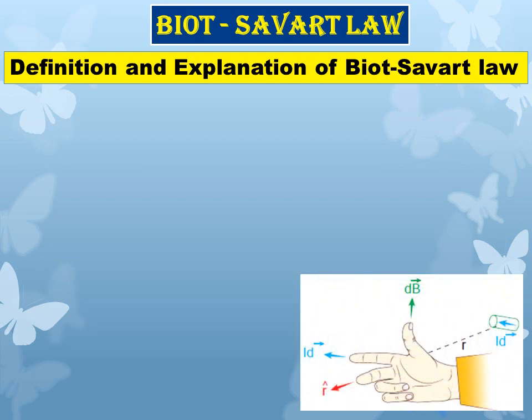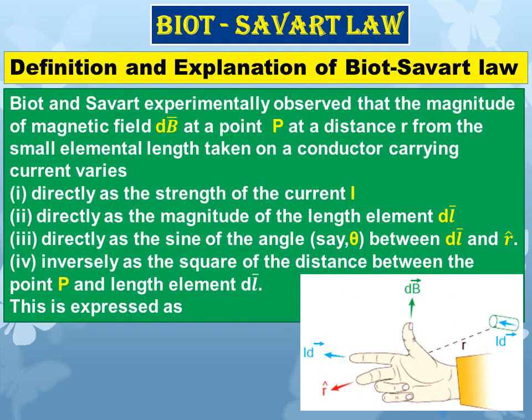Biot and Savart experimentally observed that the magnitude of the magnetic field dB vector at a point P at a distance r from a small elemental length dl taken on a conductor is directly proportional to the strength of the current I, and directly proportional to the magnitude of the length element dl.